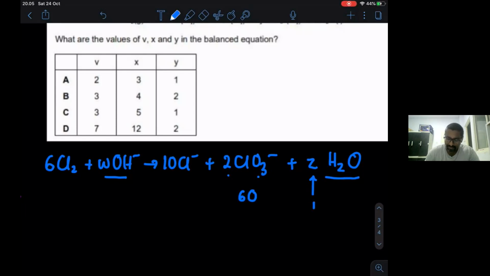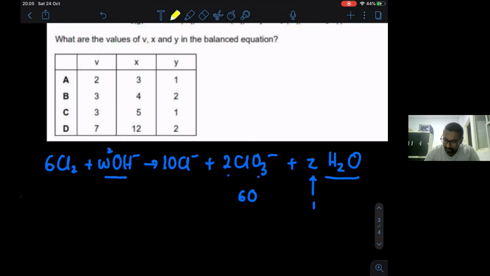If I have 1, then here this is going to be 2, so I only have a total of 2 oxygen. I don't get 7 oxygen, so definitely cannot use 1.